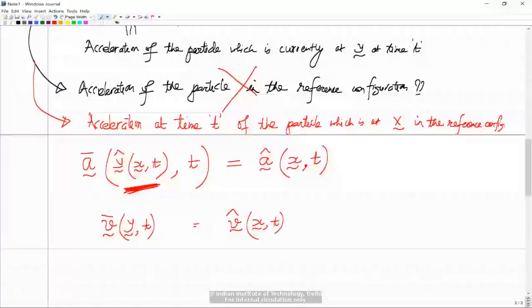So can we say that del by del t on the two sides will be the same? Would you agree with this? Del by del t on the two sides are the same. That is not correct.